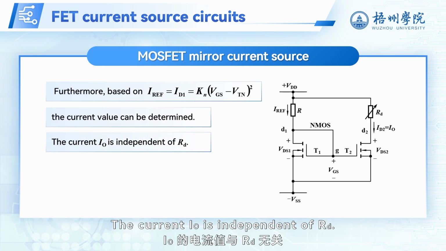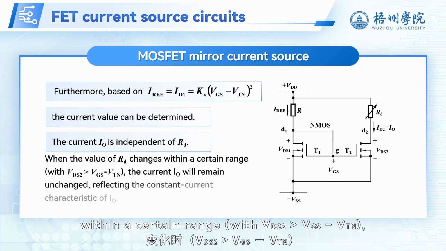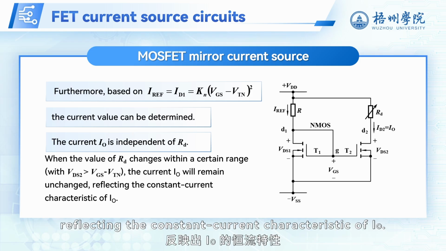The current I_O is independent of R_D. It can be seen that when the value of R_D changes within a certain range, with V_DS2 greater than V_GS minus V_Tn, the current I_O will remain unchanged, reflecting the constant current characteristic of I_O.